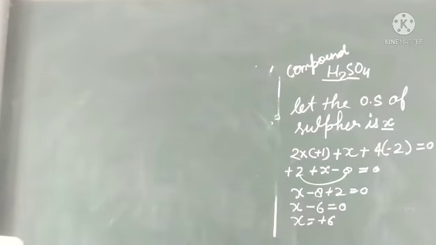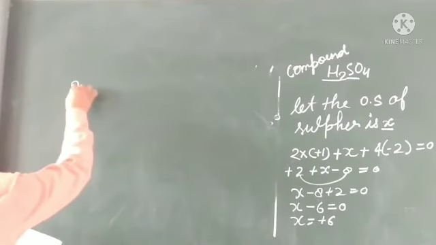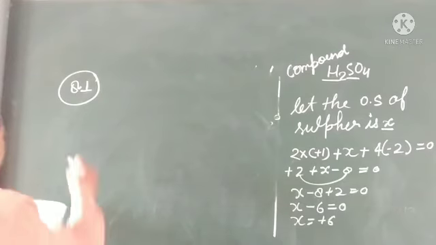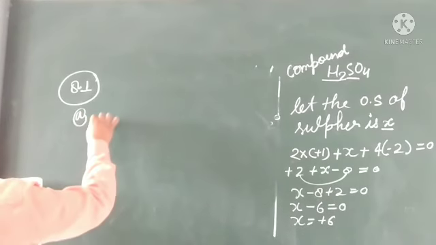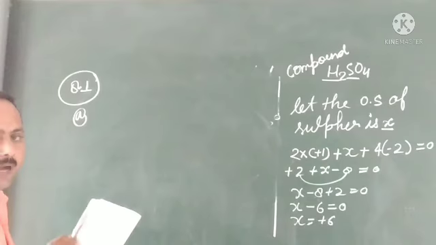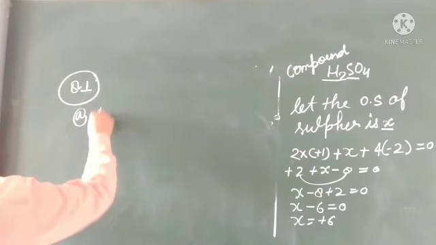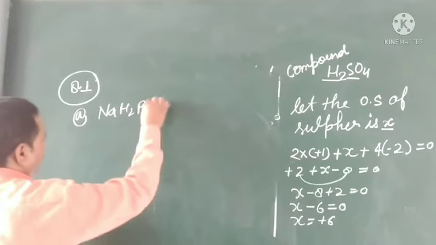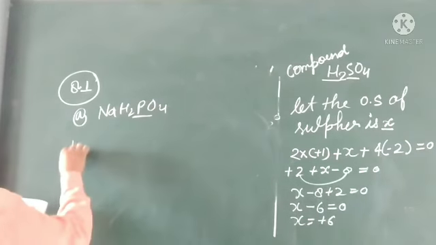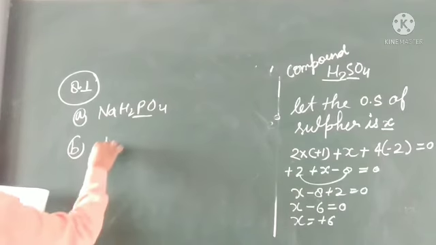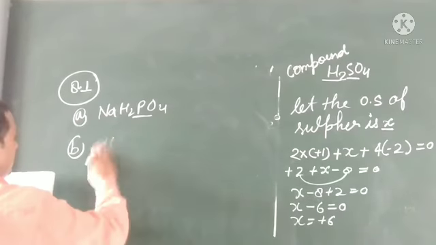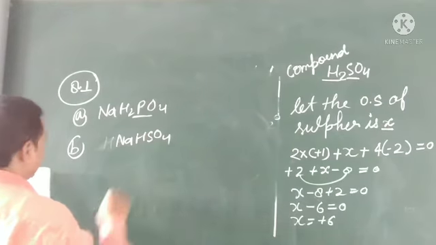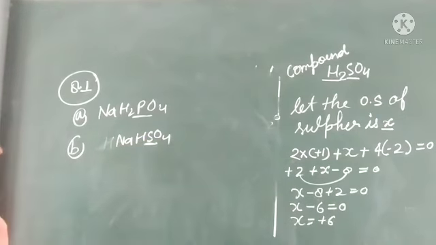I am writing here 8.1. Here you have to calculate the oxidation state of the underlined atoms. In A, NaH2PO4. In B, NaHSO4. In this you have to calculate the oxidation state of sulfur.